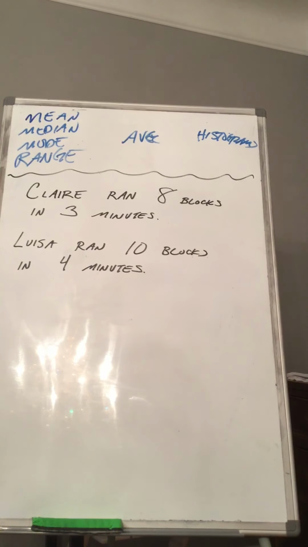For those kids who did the homework, some of you had trouble finding the average or the unit rate, whether it was Owen's aces per game, that would be his number of aces divided by games. In these two scenarios, if we want to find the average blocks per minute, it's kind of like a unit rate.